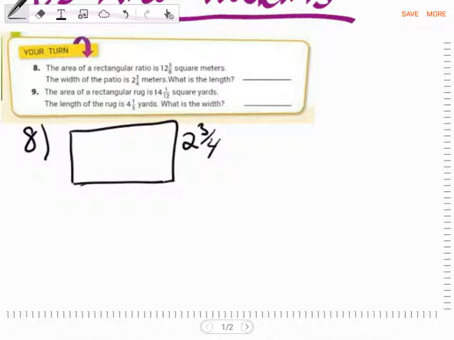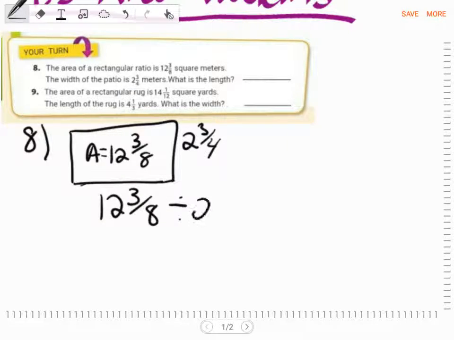The area, I'll say A equals 12 3/8. If I'm wanting to find this length right here, I've got to take my area, which is 12 3/8, and divide it by the width, 2 3/4.